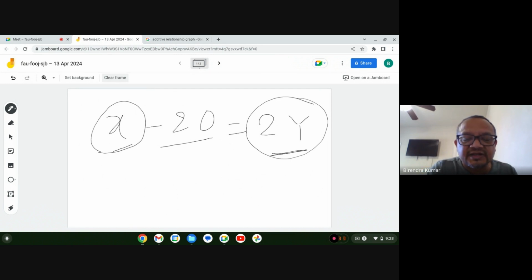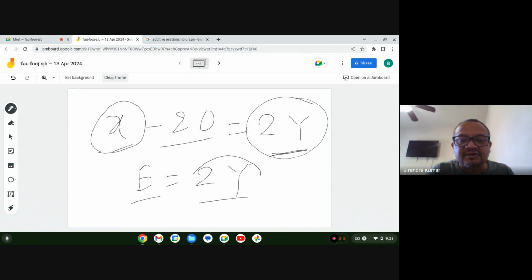I can also say, let's say there could be another situation where Ishan has 2 times the money that his brother has. Okay, this is the equation. This is a multiplicative example.